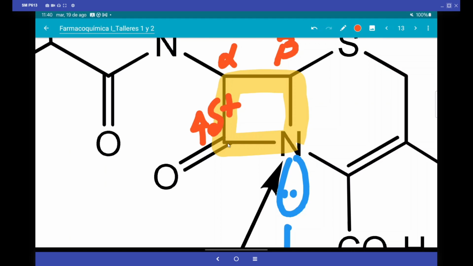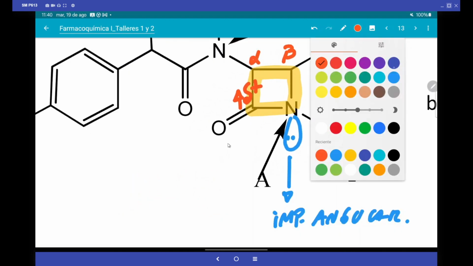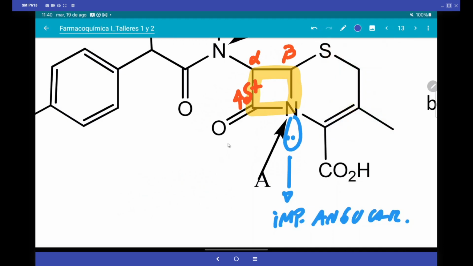Of course, in groups such as acid chlorides and the anhydrides that we explained in the previous class, this is highly toxic. But here it reaches the bacteria, and at the bacterial level that carbonyl, with so much electrophilicity, is going to bind to the target: the enzymes that synthesize the bacterial cell wall, called transpeptidases, which are proteins that bind penicillin. They have a lot of serines.